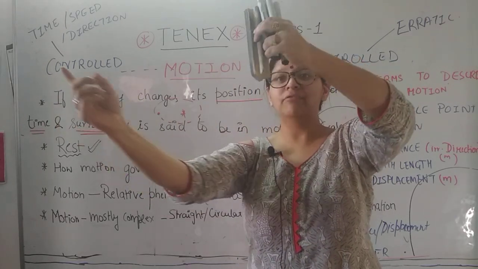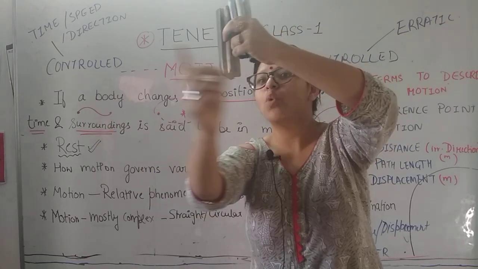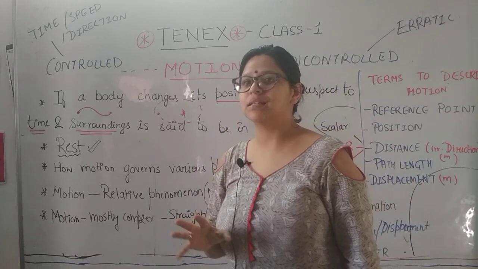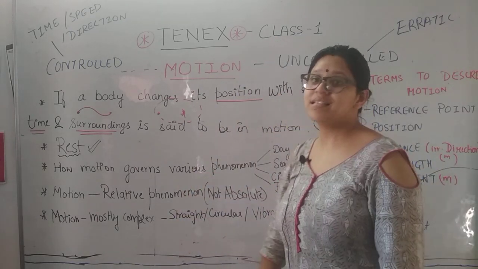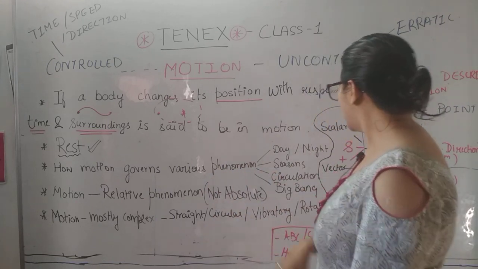So summer, winter, autumn, spring, they all come around when the earth revolves around the sun. So the change in the seasons is also governed by motion. Okay, moving forward, guys.